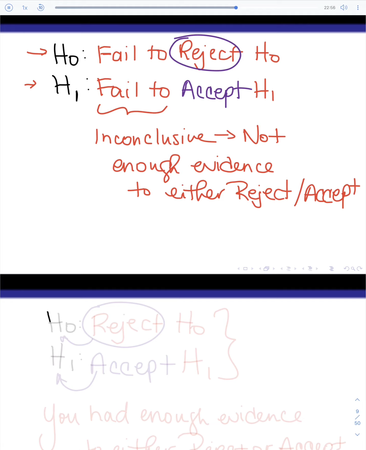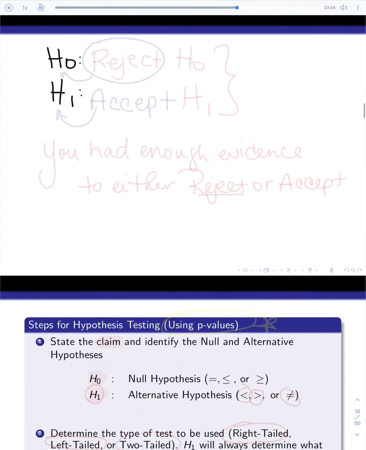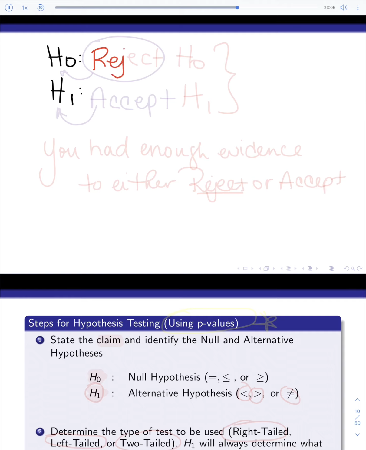However, what if we have an H naught and an H1, and instead of failing to reject H naught, we actually do reject H naught? If we reject H naught, that means for H1, again, we're going to do the reverse. Instead of rejecting, because they're complements, we'll accept H1.